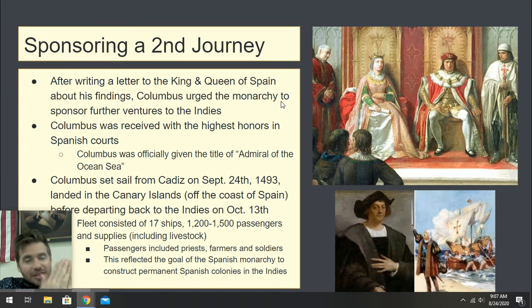So the first time Columbus was setting sail, obviously this was an experiment and very exploratory, but he was only given 3 ships, the Nina, Pinta, and Santa Maria. This time, during the second journey, the fleet that Columbus is captaining consists of 17 ships and somewhere between 1,200 and 1,500 passengers. And among those passengers is also livestock.